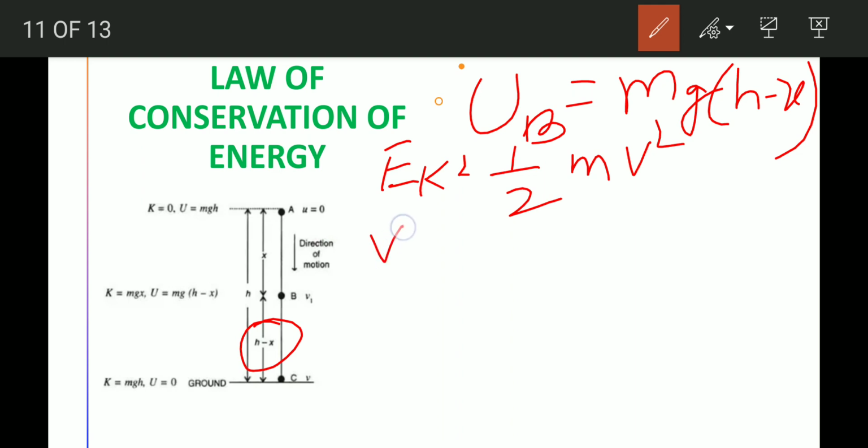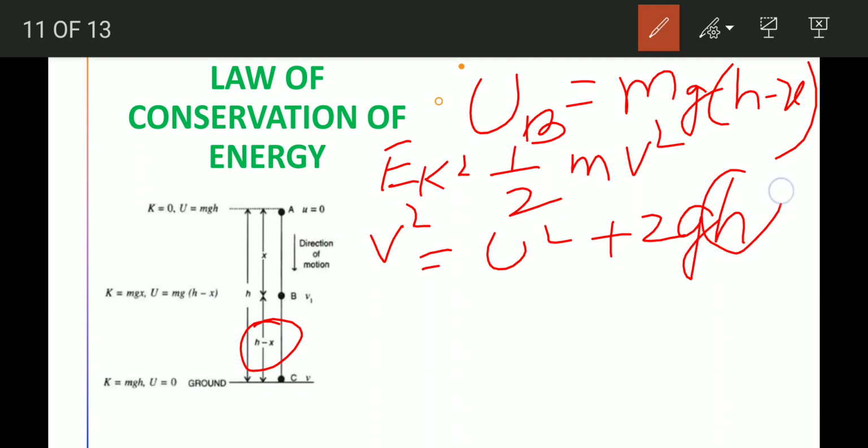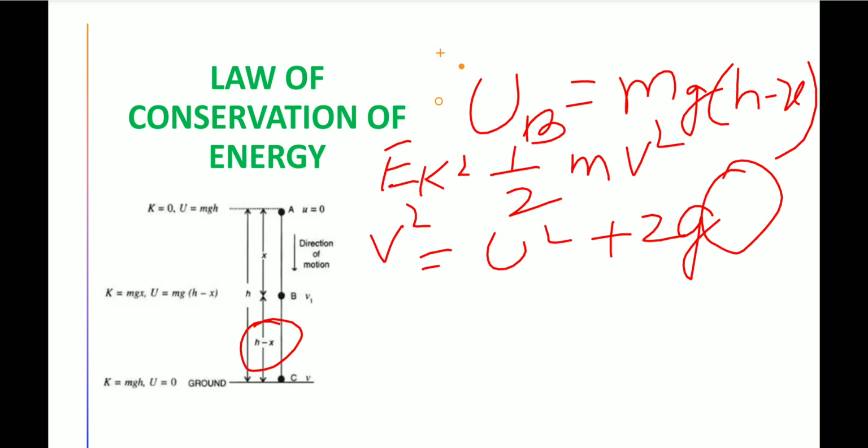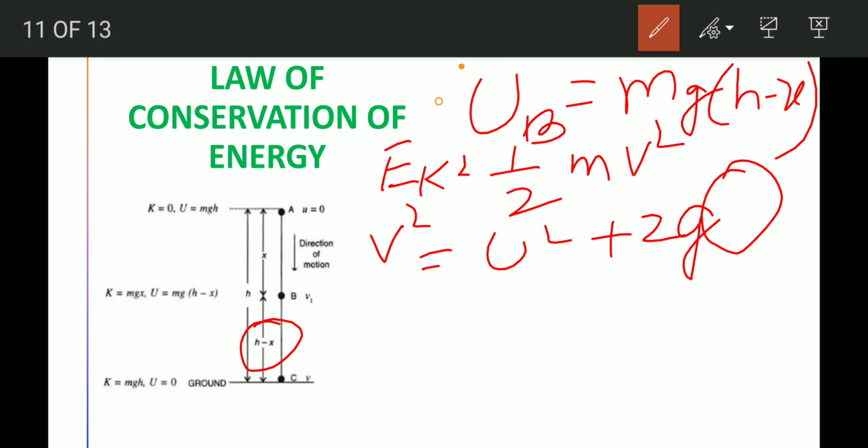So we will have to find the value of kinetic energy. Applying equations of motion, v square equals u square plus 2gh, where h stands for the distance travelled, which in this particular situation will be x. It has travelled a distance x. This is the distance travelled. u is 0 as per the given conditions.